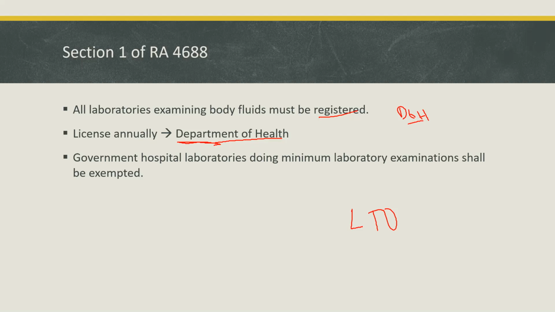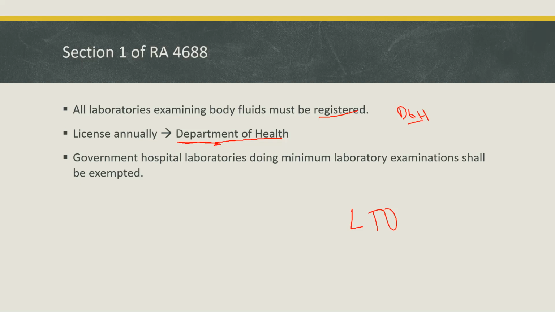Now, under Section 1 of 4688, there are some laboratories that are exempted from the obligation to be registered. These are government hospital laboratories doing minimum laboratory examinations. They are exempted from registering their laboratory.